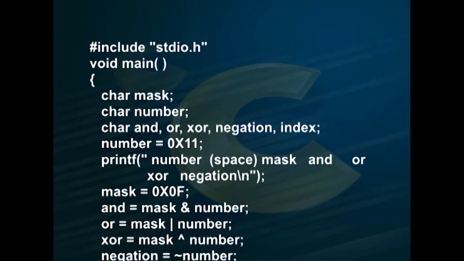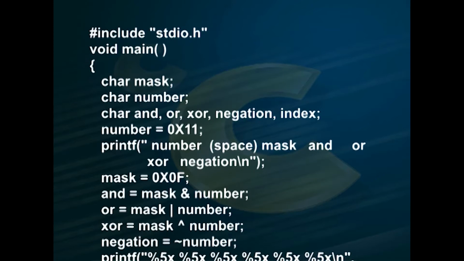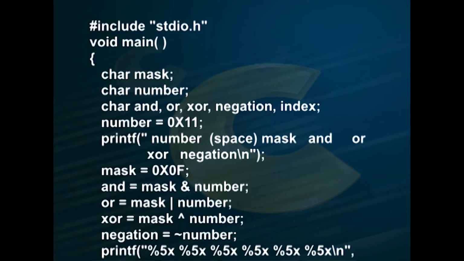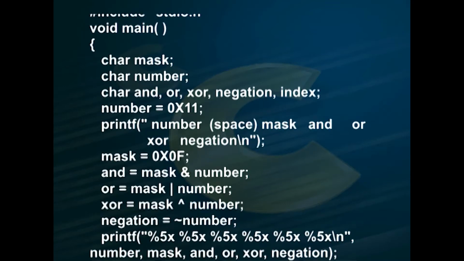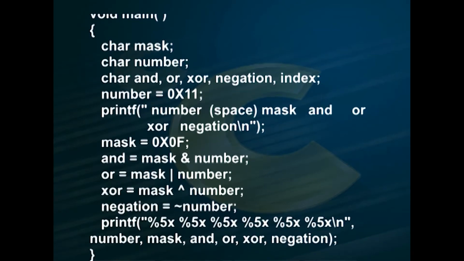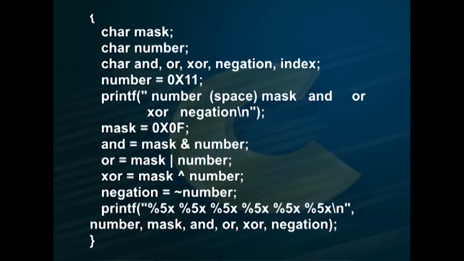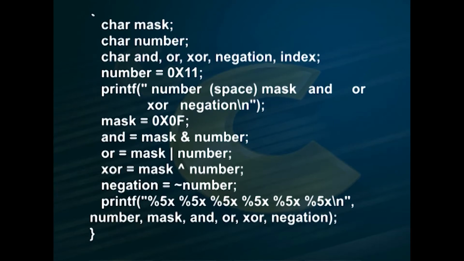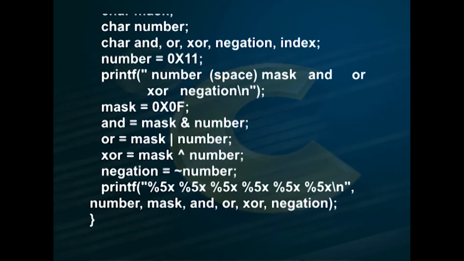#include <stdio.h>, void main, char mask, number, and, or, XOR, negation, index. number is equal to 0x11. printf number, mask, and, or, XOR, negation, newline. mask is equal to 0x0f, and is equal to mask and number, or is equal to mask or number, XOR is equal to mask XOR number, negation is equal to negation of number. printf %5x %5x %5x %5x %5x %5x newline, number, mask, and, or, XOR, negation.